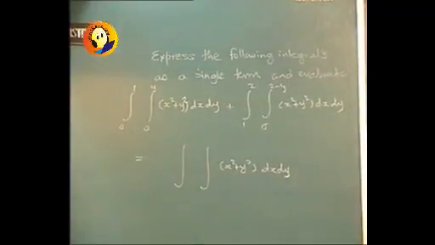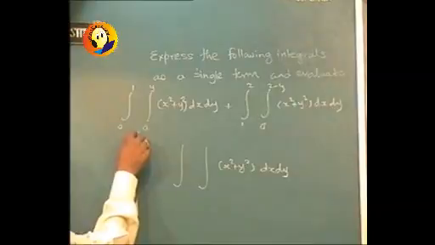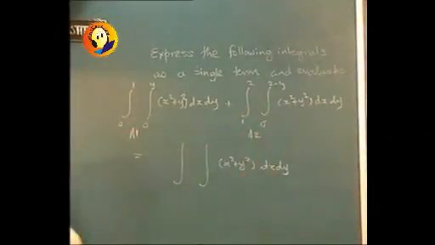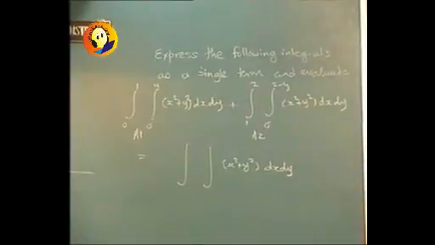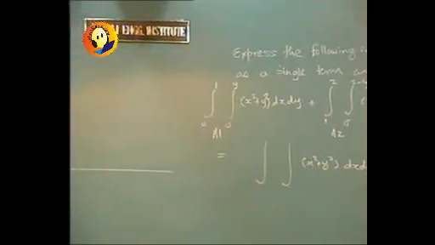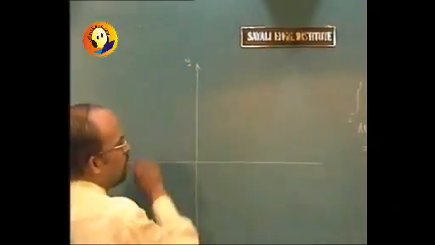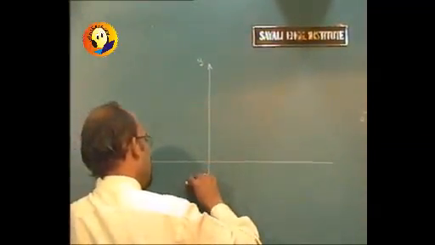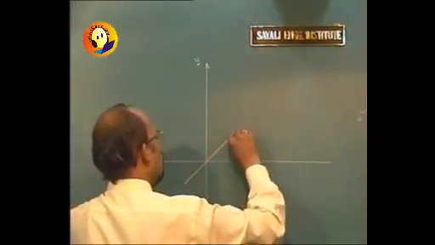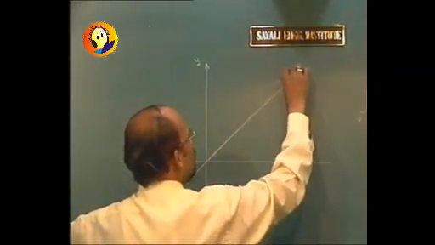Now the limits are in terms of y, so I will talk about this as area 1 for integration and area 2 for integration. We will mark the areas one by one so that our task could be simpler. For the first area, the limits are in y, so these are values of x. So for the first area he is talking about x equal to 0, which is the y-axis, and x equal to y, which is a line making 45 degrees passing through the origin. So this is the line x equal to y.